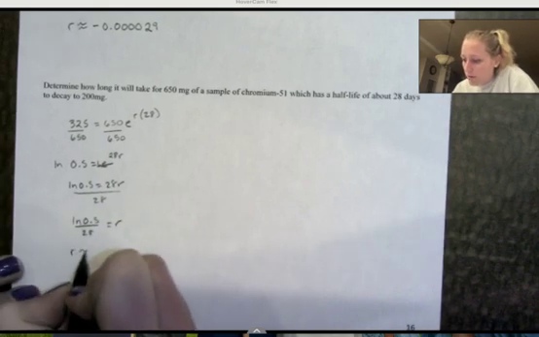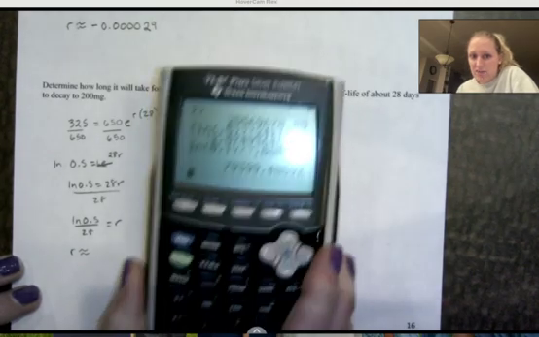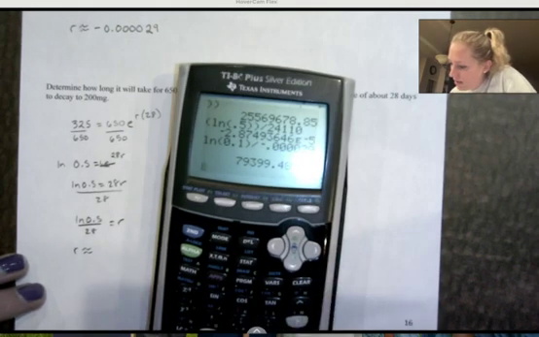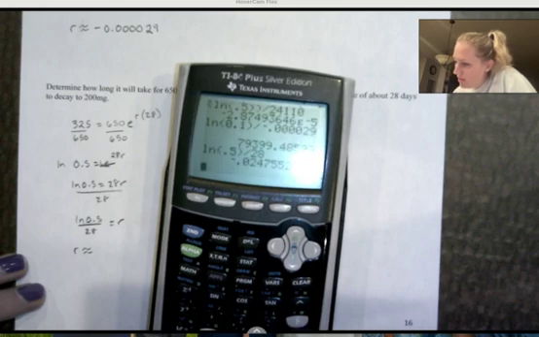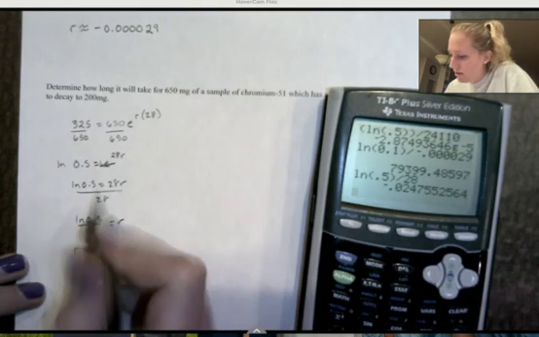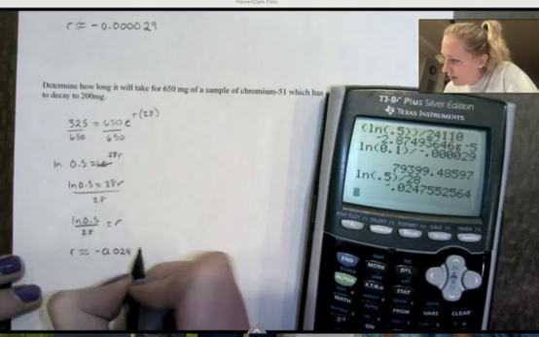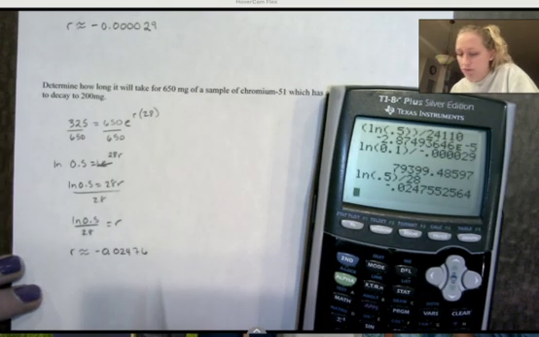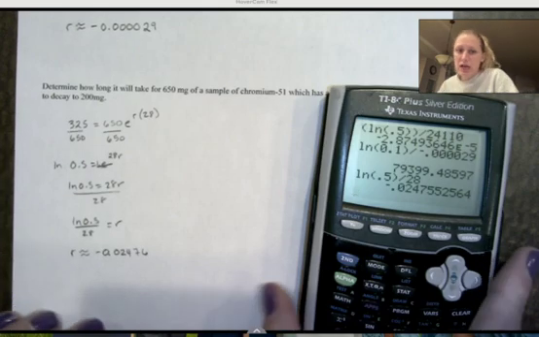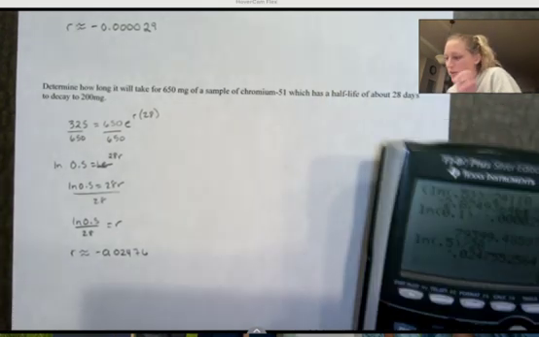So our R is going to be approximately, here's where again I should get a negative number. So natural log 0.5 divided by 28, negative 0.02476. Okay, go a few decimal places there. And now we can look back at this question.